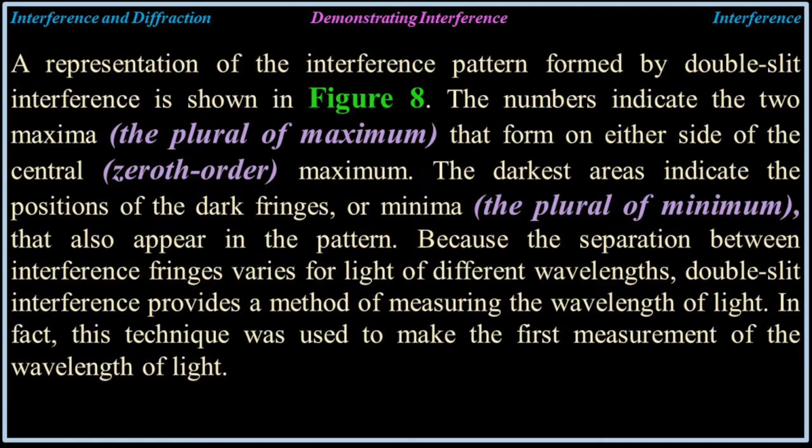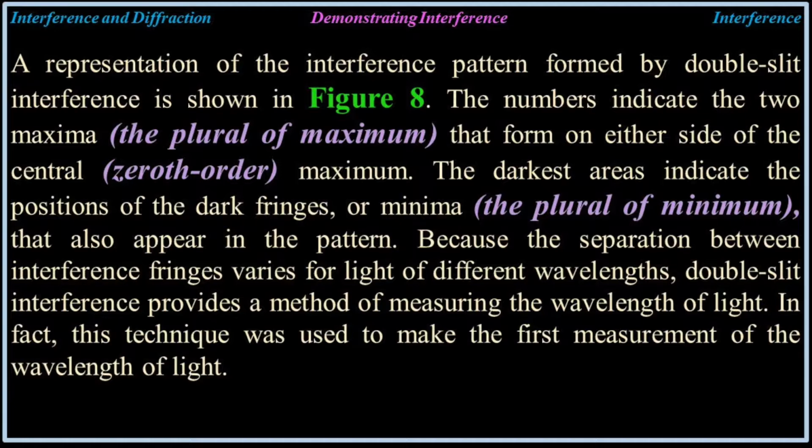A representation of the interference pattern formed by double-slit interference is shown in Figure 8. The numbers indicate the two maxima, plural of maximum, that form on either side of the central 0th order maximum. The darkest areas indicate the position of the dark fringes, or minima, plural of minimum, that also appear in the pattern.